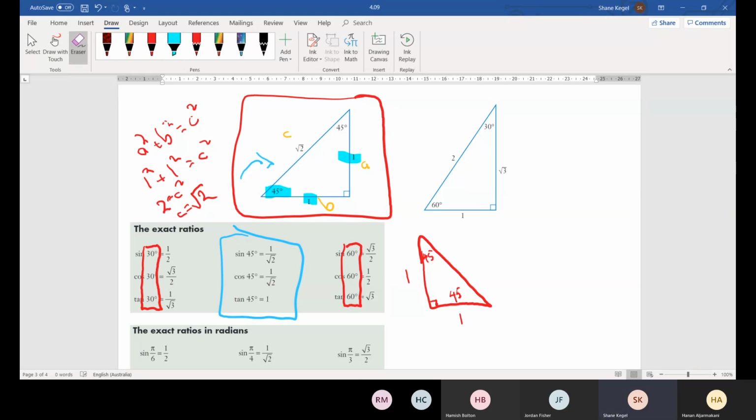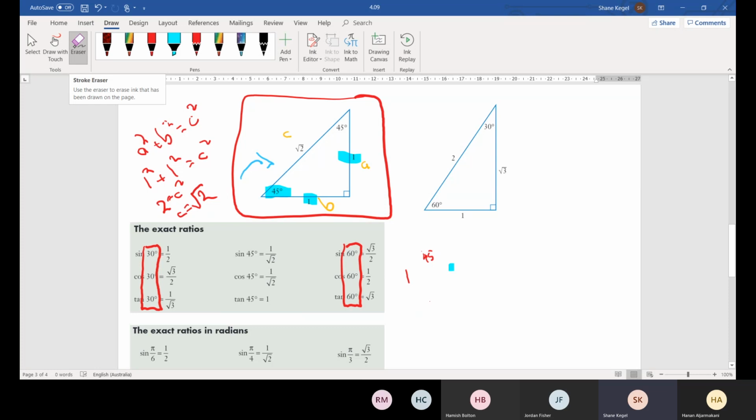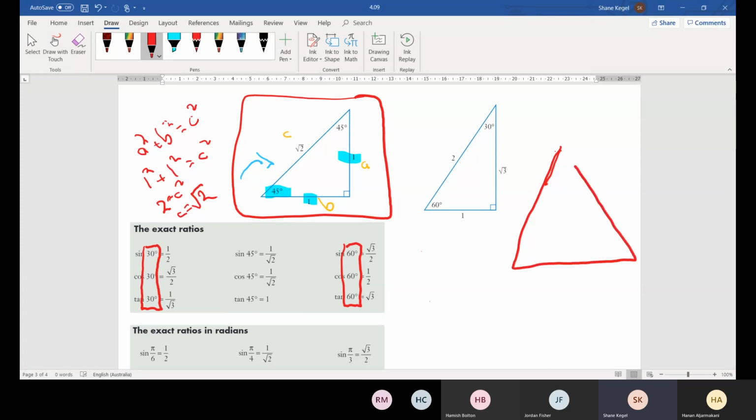The other two, so that's the middle, the 45 degree angle. This other triangle over here comes from an equilateral triangle. So the triangle we use, and the reason why we use it with the side length of 2, so equilateral triangle, side length of 2, would mean that these would all be 60 degrees, the angles.